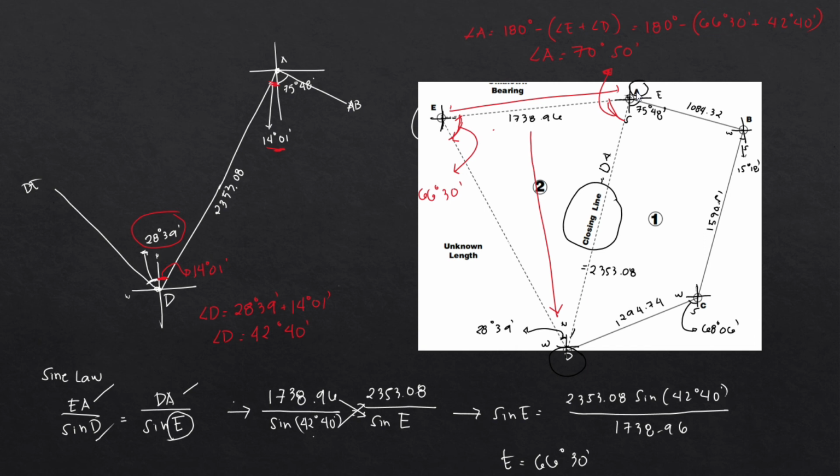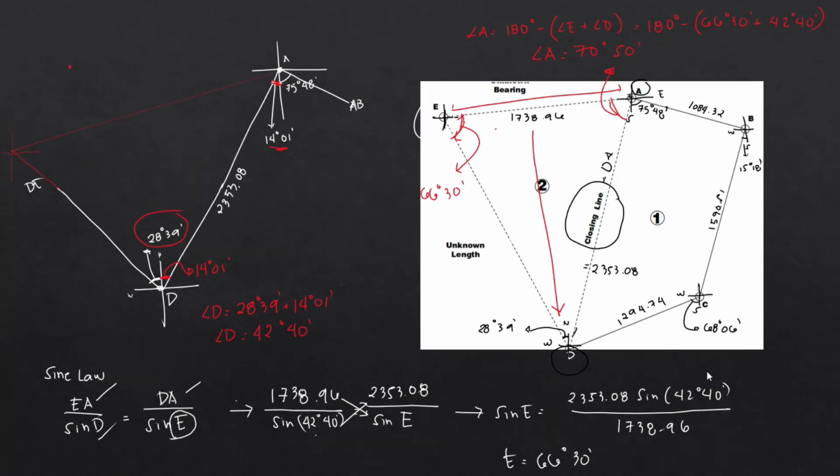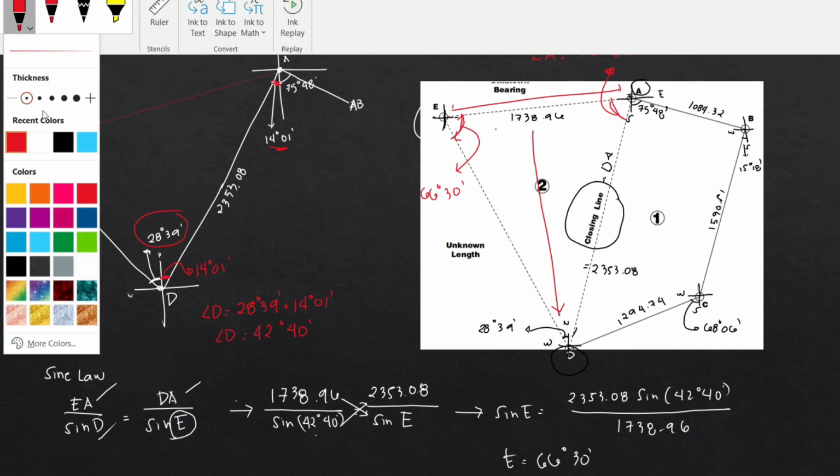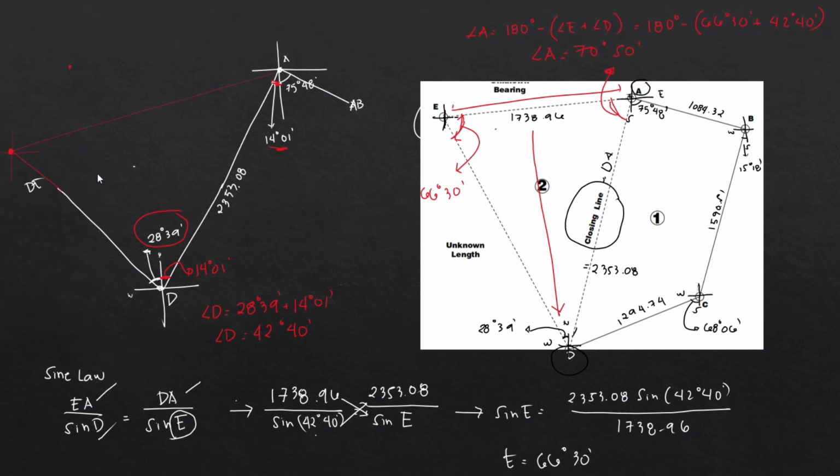Ayun. So, madali na lang tayo makakuha ngayon ng mga bising datas. Ngayon, kunin na natin yung bearing ng EA. Okay, fine. So, ito, point E. Sa point E, ito siya. Pinalaki lang natin, nilipat lang natin dito. Point E ngayon.